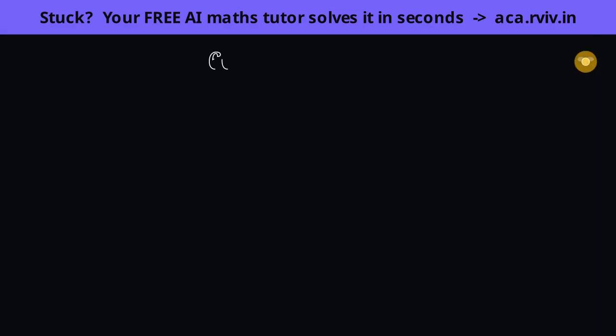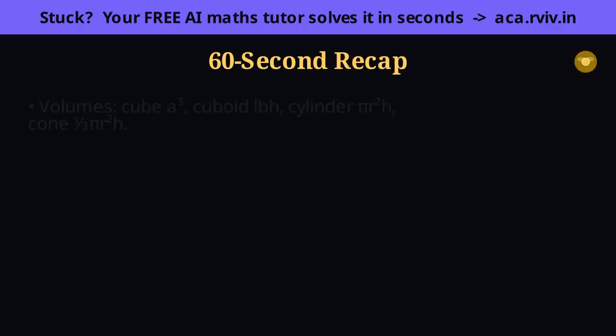In 60 seconds, the whole chapter. Volumes. A cube is a cubed, a cuboid is l b h, a cylinder is pi r squared h, and a cone is 1/3 of that from the 3 cones. A sphere is 4/3 pi r cubed and a hemisphere is half a sphere, 2/3 pi r cubed.